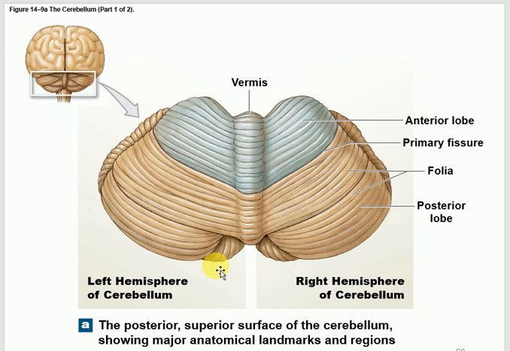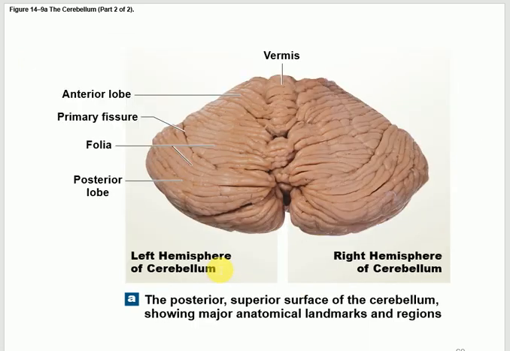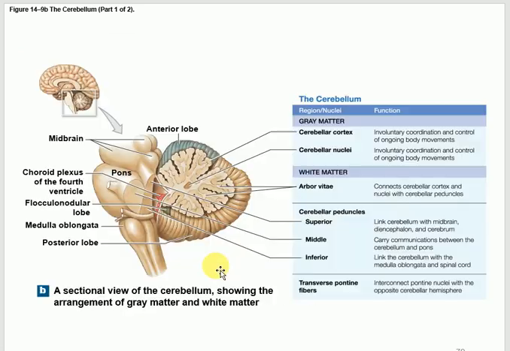So look at this. This is the cover outside, which is the cerebellar cortex, anterior lobe, posterior lobe. Look at this worm-like structure. Worm in Greek is called vermis. So this is the vermis. What you see here is the cortex. Same thing. Look at this inside.